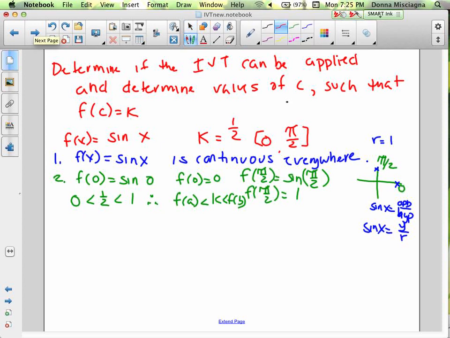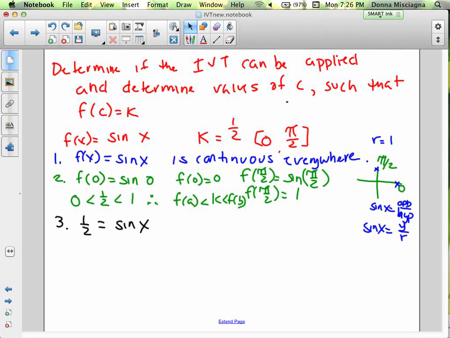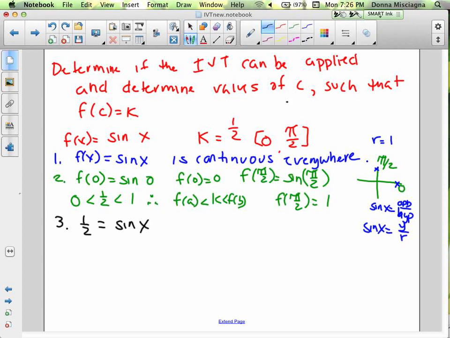All right, so now we can go ahead and find C. We're going to set our function equal to K. So we have 1/2 equals sine x. So we're going to take the arc sine of both sides.